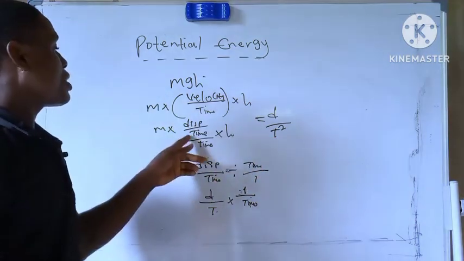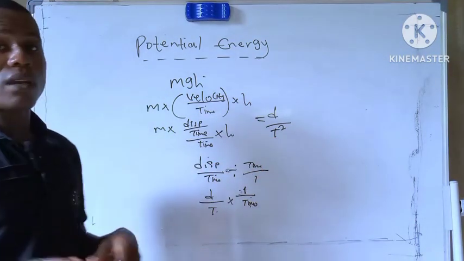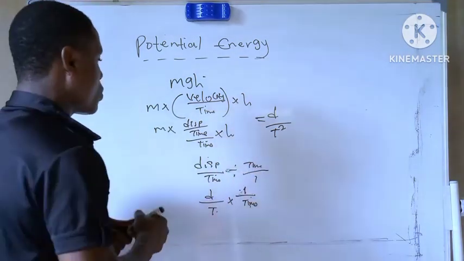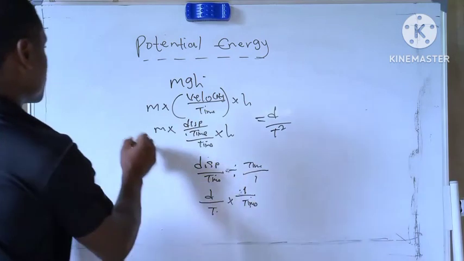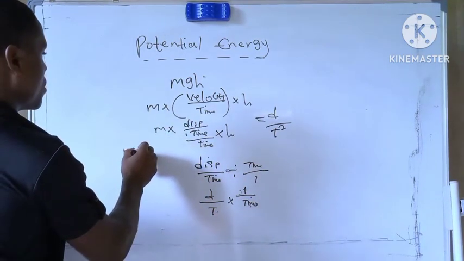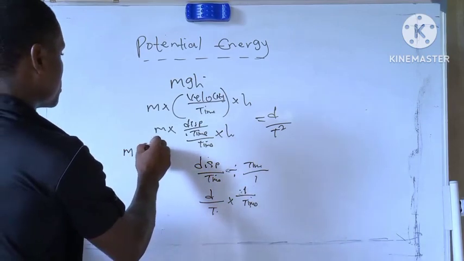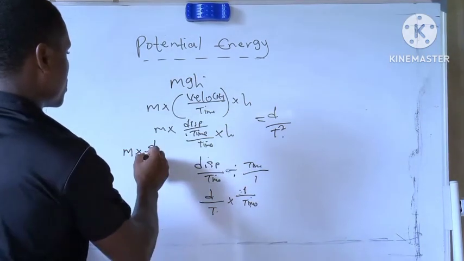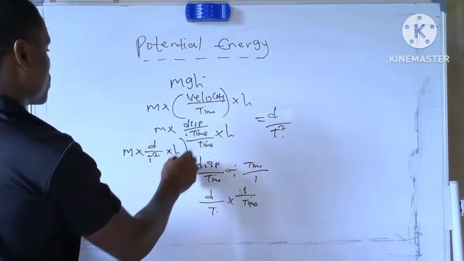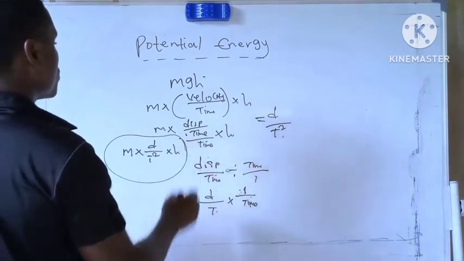Okay, so in this place I said we multiply these two times together, right? So this is how to calculate for it. Okay, so we have m, which is a symbol of mass, multiplied by d all over the time square multiplied by h. Got it here.